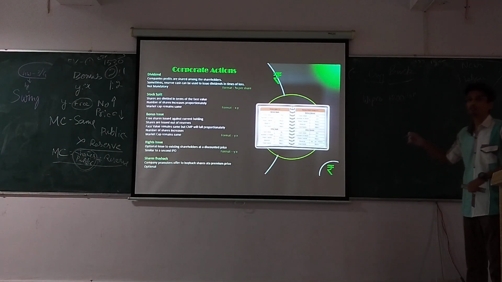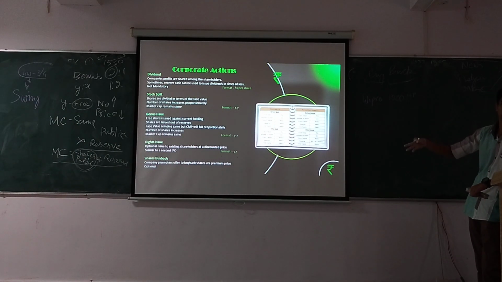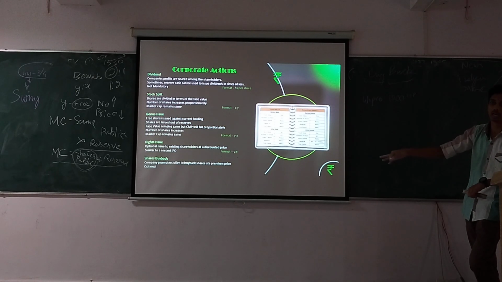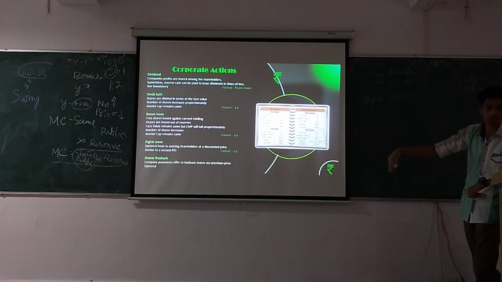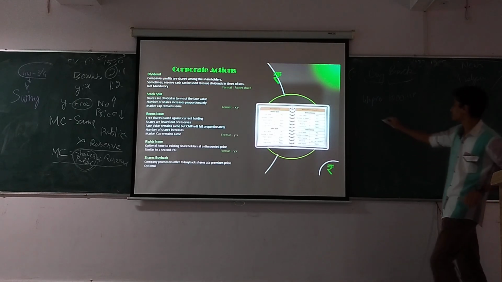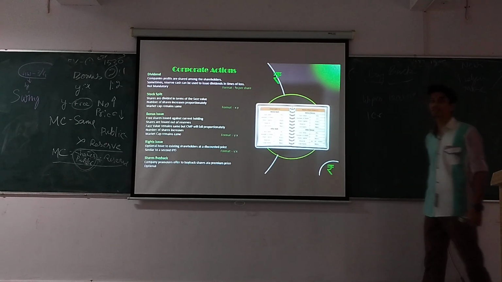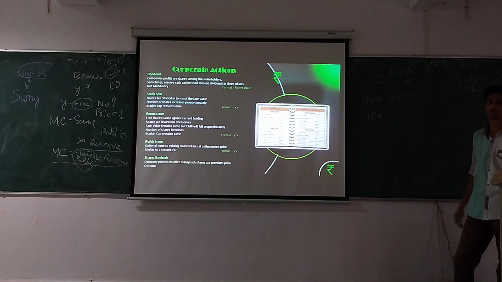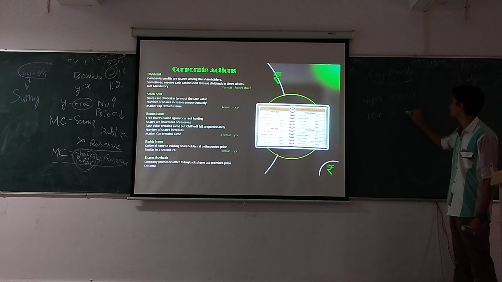Now the company is going to buy back some shares out of your holdings. They don't want so many shares being circulated in the market. So let us say there is 1 crore shares in the market, they don't want so much. They want some shares for their personal use. So they're going to buy back, let us say, 2 lakh shares.